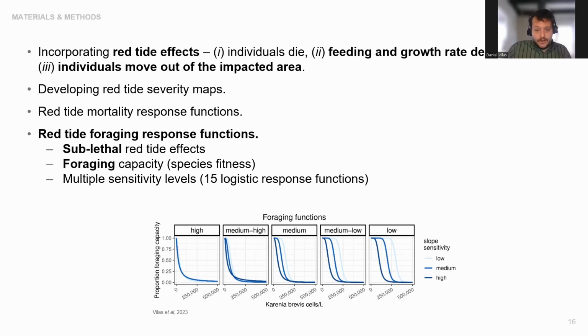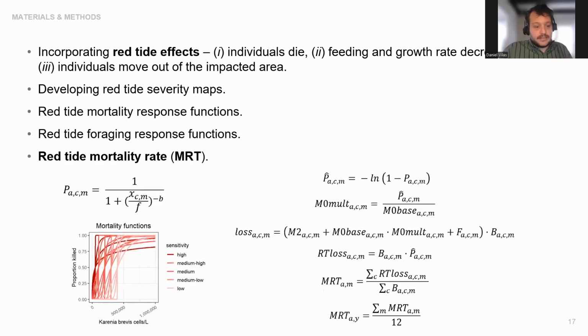Similarly, we evaluated different sensitivity levels for red tides. In this case, the logistic function works contrary to the mortality case, in which the higher the concentration, the lower the proportion of foraging capacity.